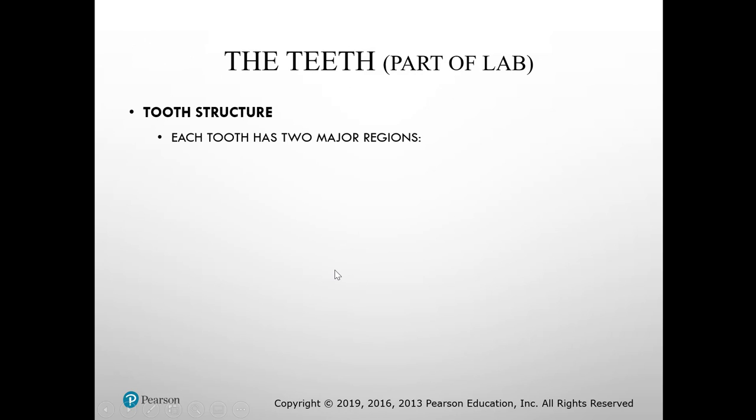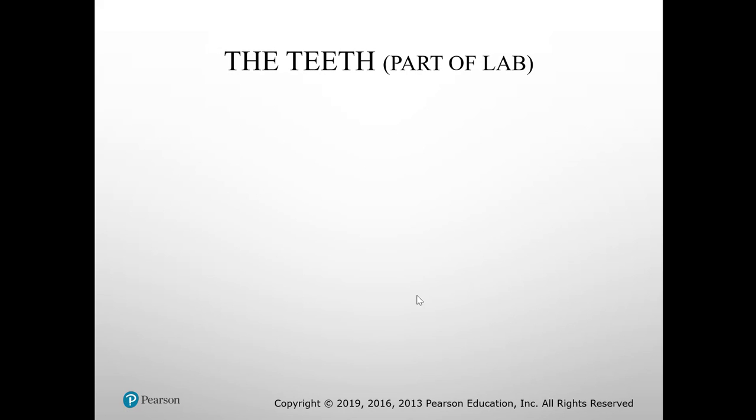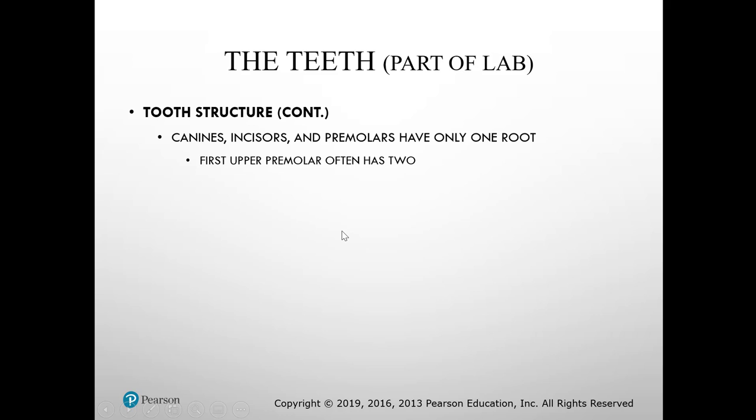The tooth structure, I am not going to be discussing, but I'm holding you responsible. This is going to be part of your lab, so make sure that you read right through your lab and know what they are. Just know, guys, that your canines, incisors, and premolars have only one root, but the upper premolar sometimes has two roots.